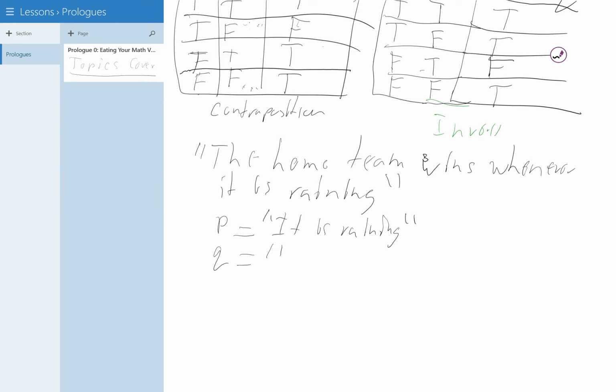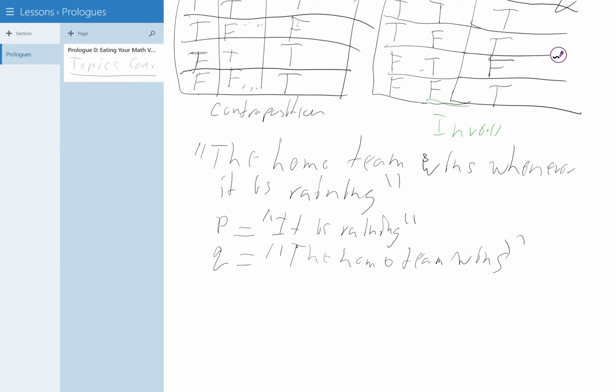So: raining, the home team wins. These are obviously propositional statements because they can be either true or false. It is raining. The home team wins. Got it?